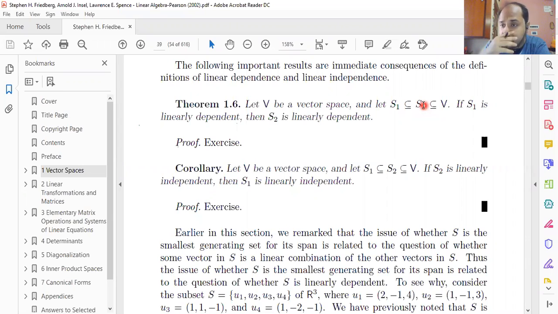But in a similar situation, if you can show that the outer circle is linearly independent, the inner circle will also be linearly independent. This result is extremely important for studying vector space problems in our further chapters.